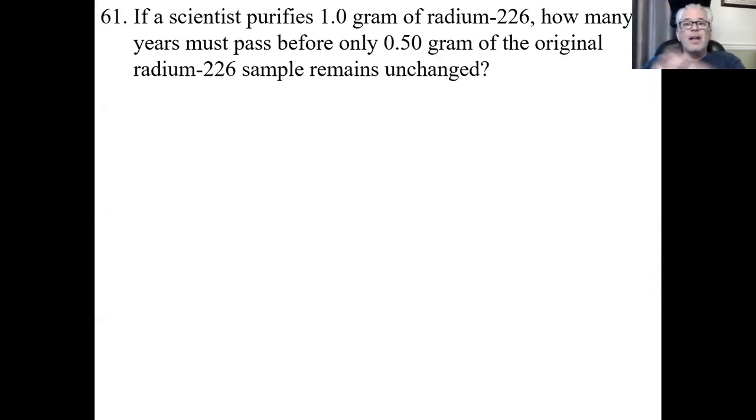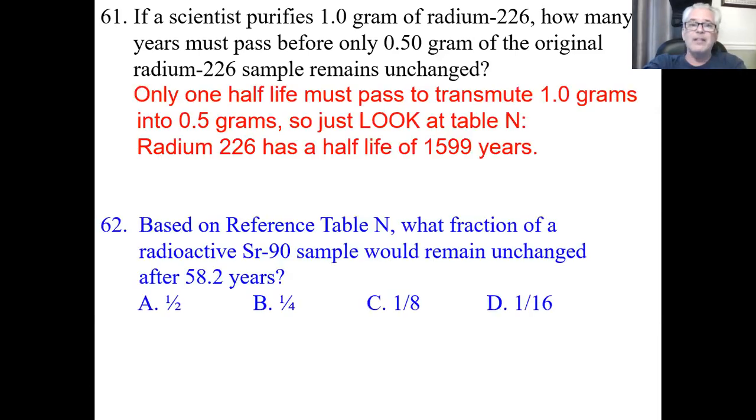Now, I think this is a Regents question. If a scientist purifies 1.0 grams of radium-226, which is radioactive, how many years must pass till only half a gram of the original radium remains unchanged? So if you start with 1, how long does it take to get half a gram? This is actually a pretty easy question.